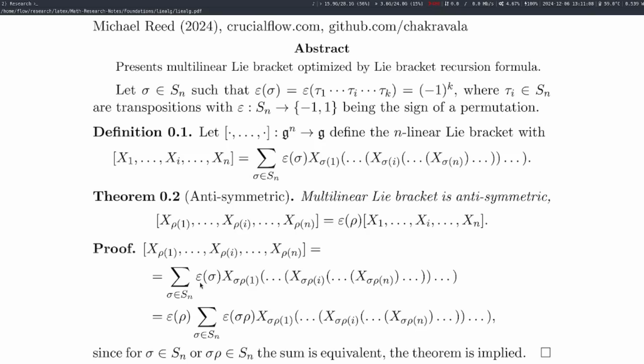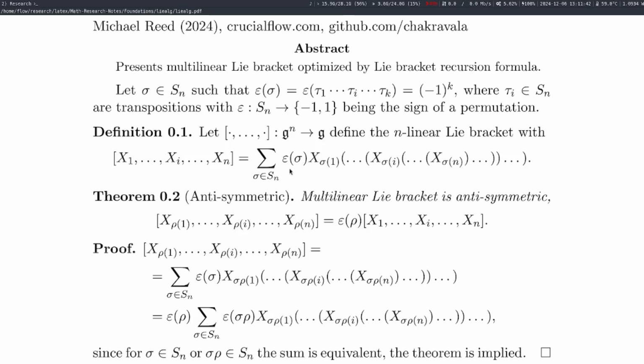And if we follow that to its conclusion, if we factor out another sign of rho here, such that we change this sum, then this is basically a sum over sigma rho, which is just another sum over permutations.